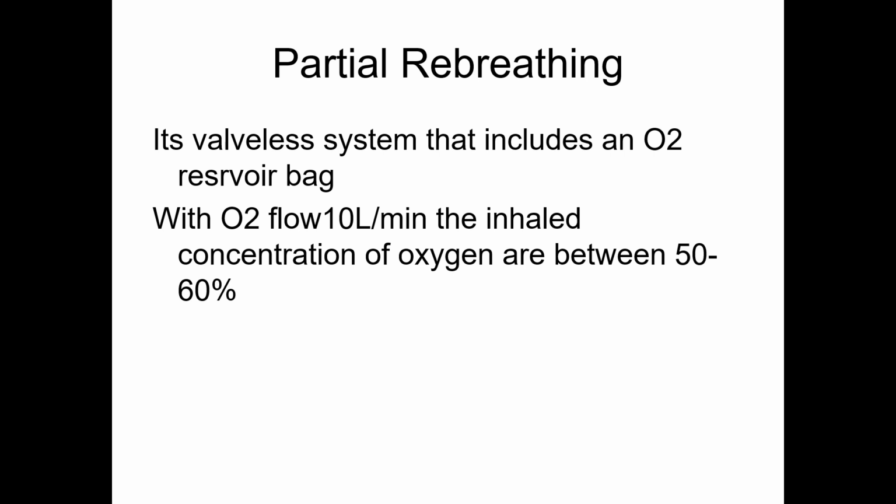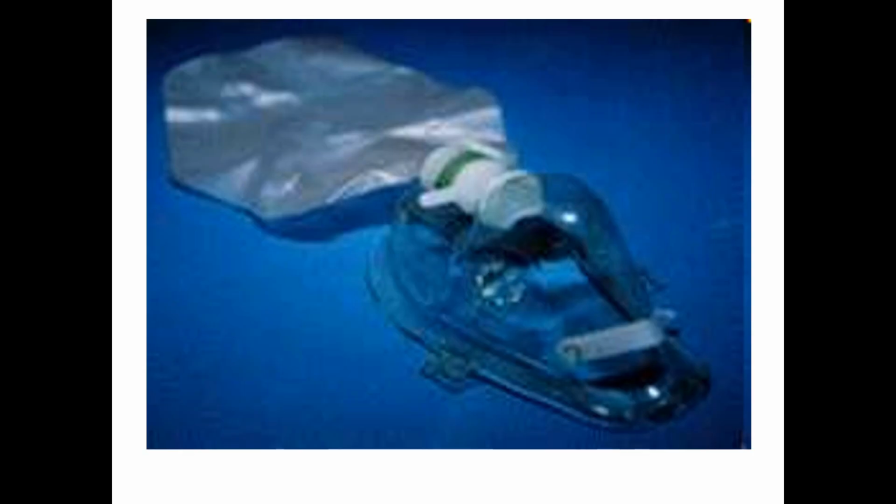So this is a mask and a reservoir bag where the patient can take oxygen or reserve oxygen in it. In this picture, we see the partial rebreathing mask. The partial rebreathing mask consists of a mask and an oxygen reservoir bag.